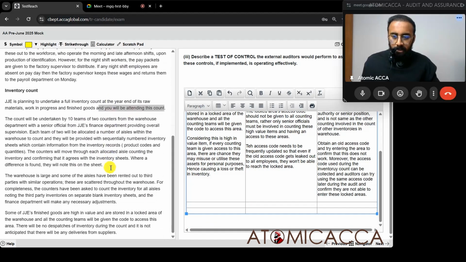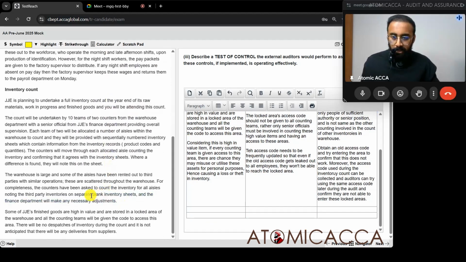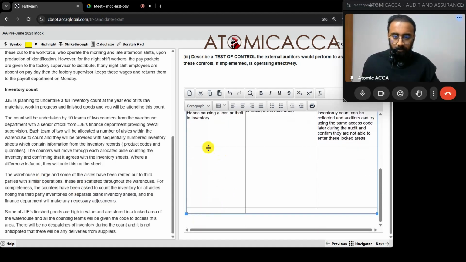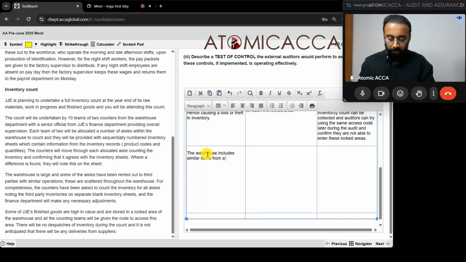That is 3 marks. The second problem we told here was, what was this issue? The third party items. Now this is too big of an information, so I can just write it short. The warehouse includes similar items from a third party scattered throughout the warehouse.